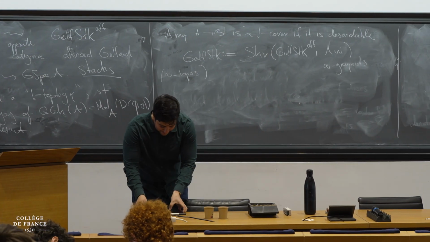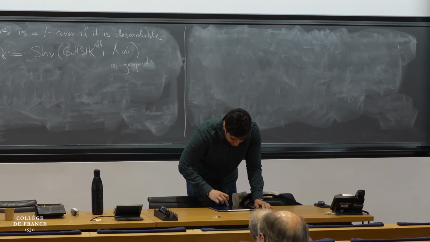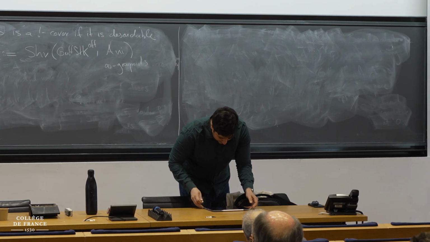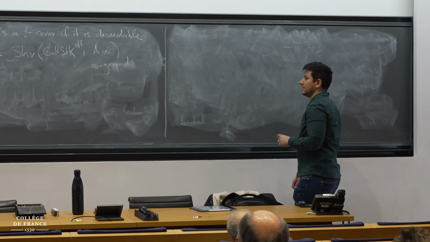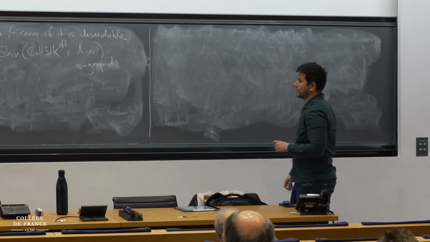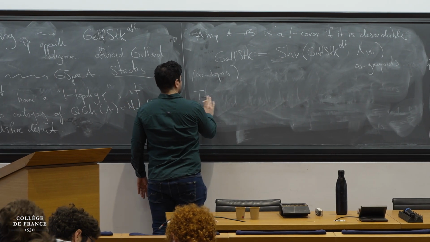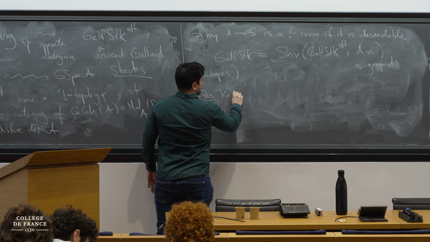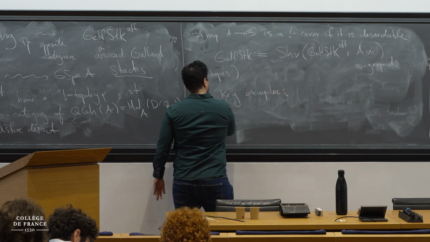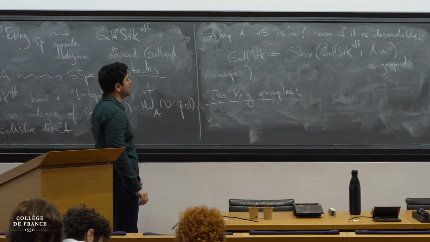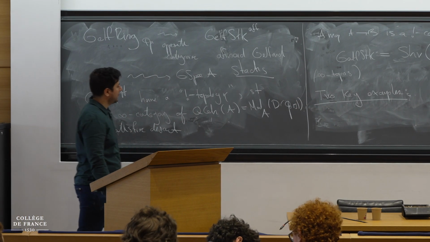So for the sake of clarity of how these objects look, let me give 2 key examples of stacks that we're really interested in for the rest of the course. And hopefully, these 2 key examples give you a way to think about the main objects that we're going to deal with.